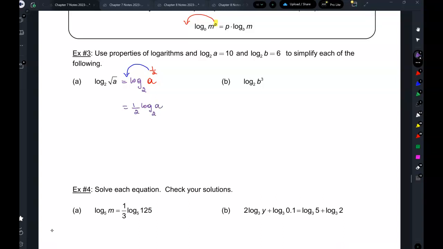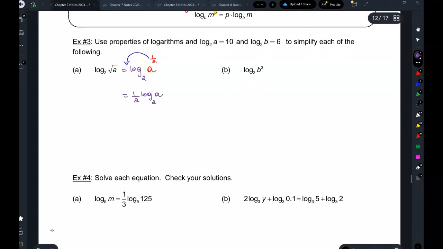Any questions up to this point? Yes. Yeah, I'm not there yet. Any questions up to here? Okay, now Marley's question. It says log base 2 of a equals 10. Now take a look at what we ended up with.